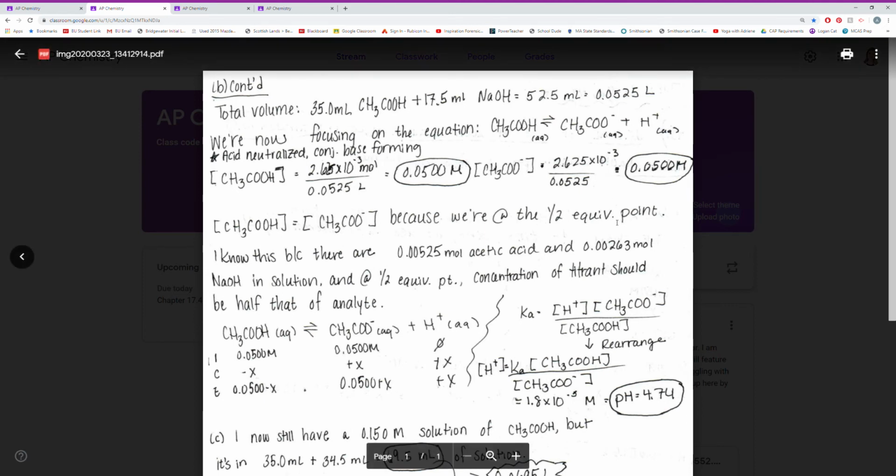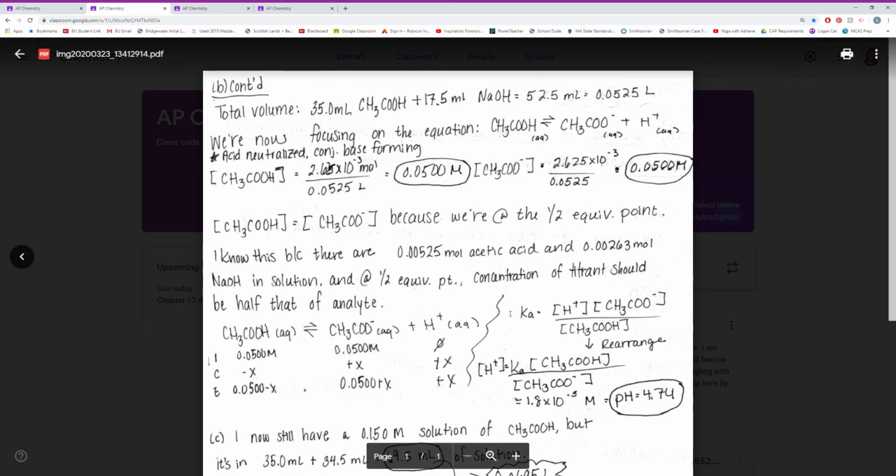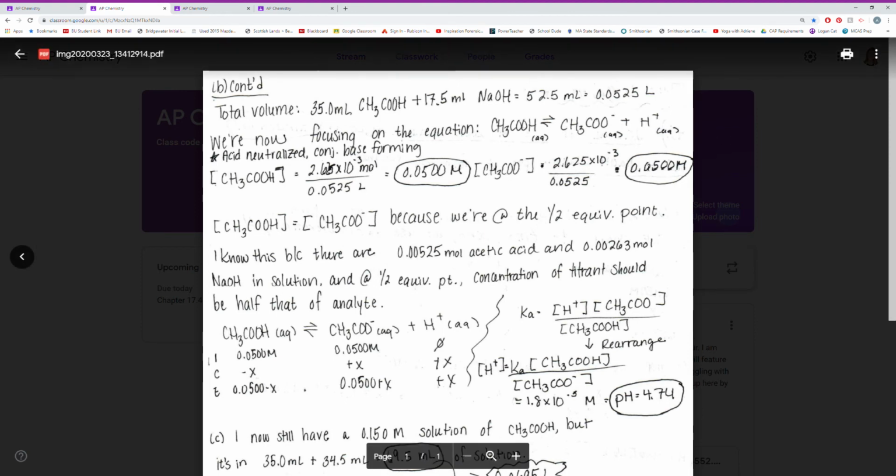And I know that I'm at the half equivalence point because I have half as many moles of sodium hydroxide as I do of acetic acid. And so at the half equivalence point, again, conjugate acid base pairs are equal, and that's something that you know from Henderson-Hasselbalch as well. And so I'm able to basically assume, because I have 0.05 molar acetic acid, I also have 0.05 molar acetate ion.